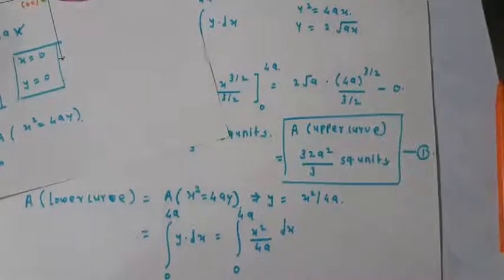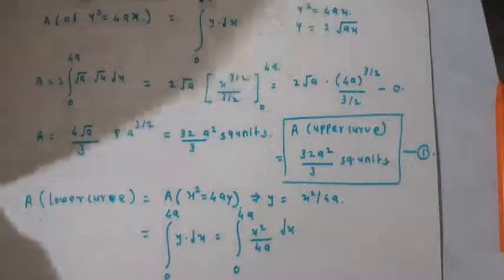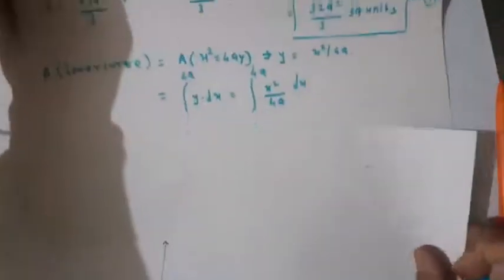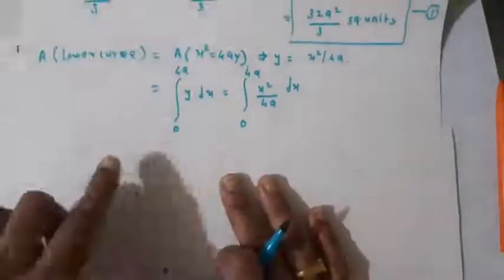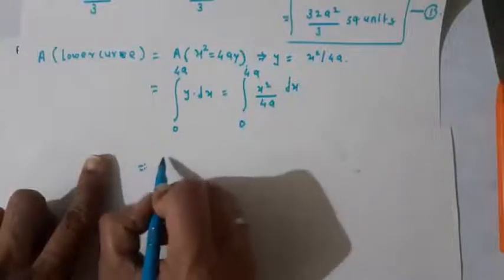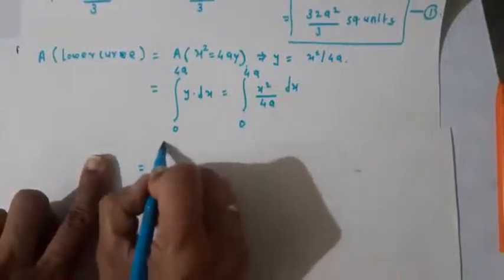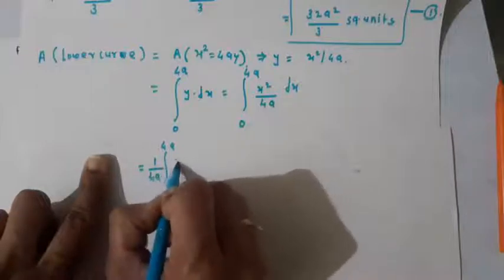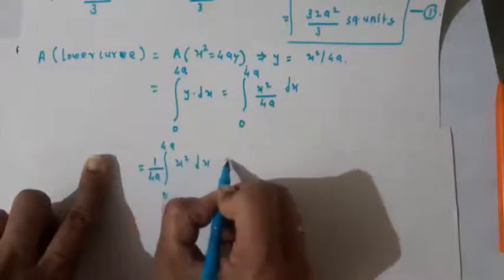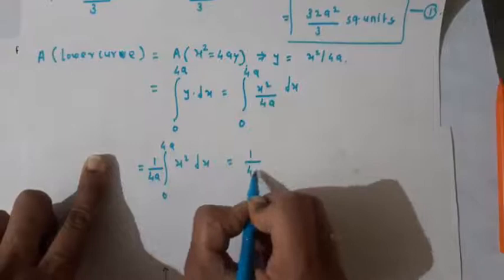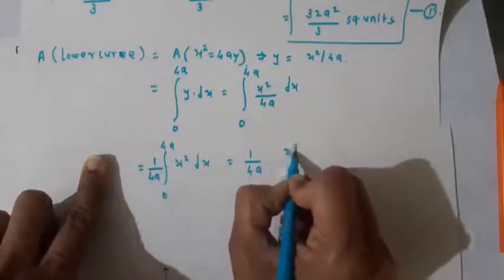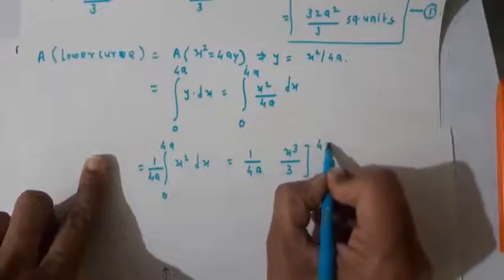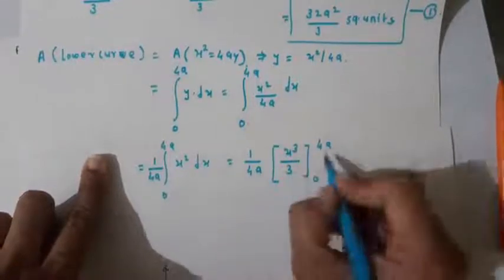And this is equal to, from 0 to 4a, 1 upon 4a, x square with respect to x, that is 1 upon 4a, x raised to 3 upon 3, limits of integration 0 to 4a.